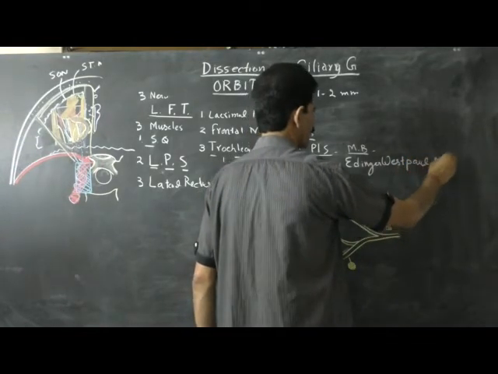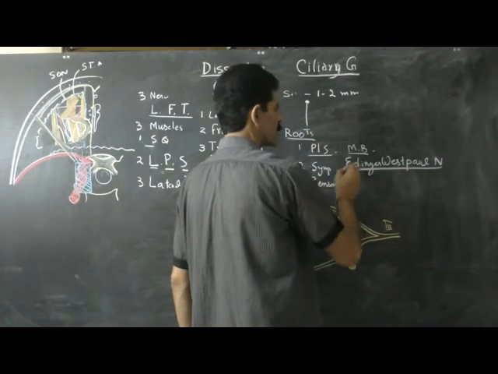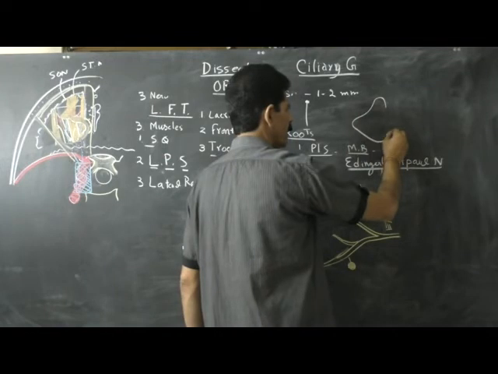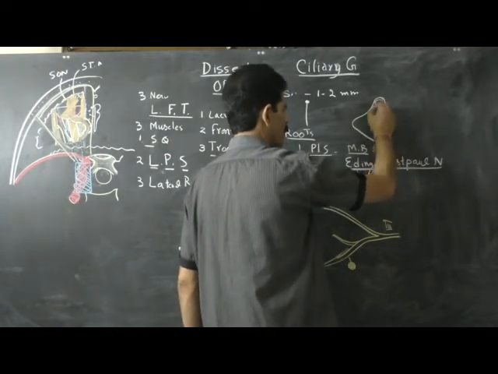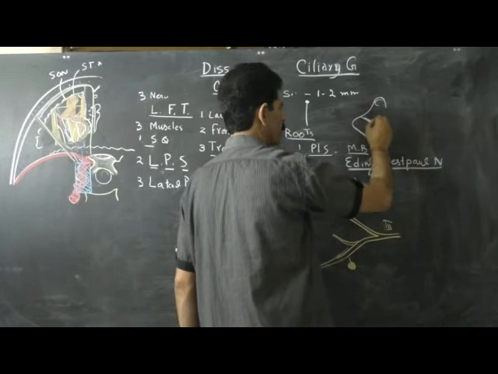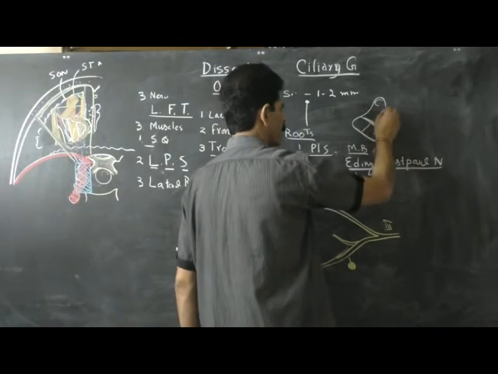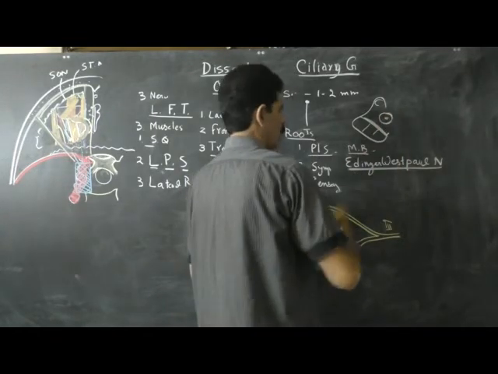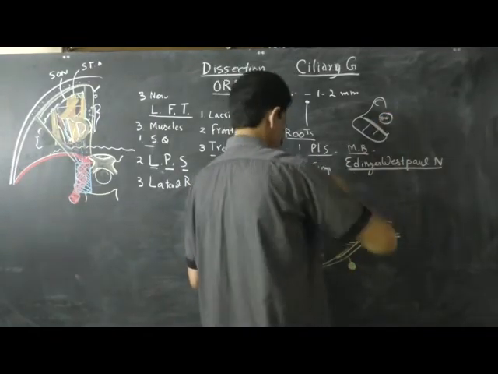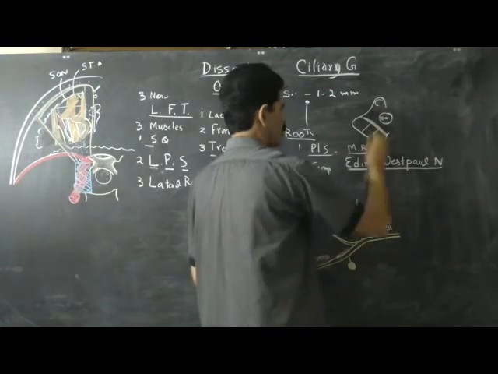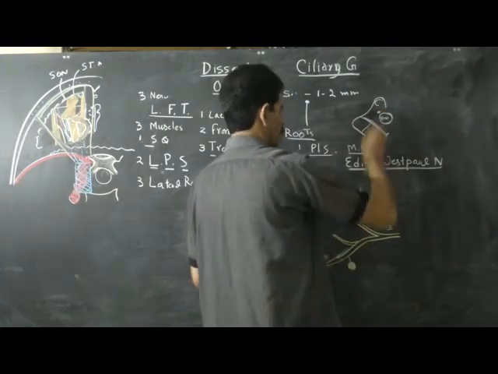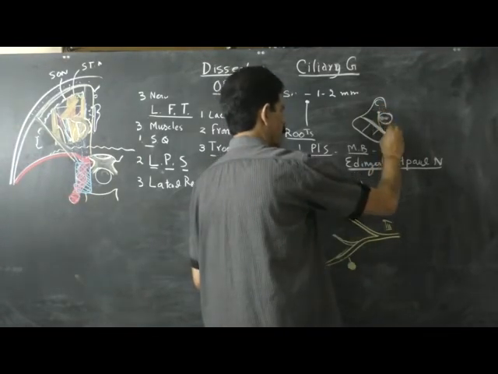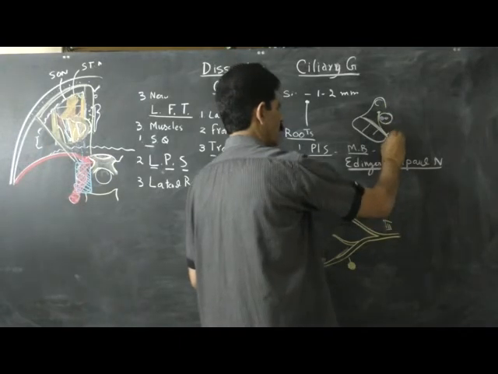The Edinger-Westphal nucleus is a parasympathetic nucleus, and it is situated at the level of the superior colliculus of the midbrain, very near to the oculomotor nerve. So this is the Edinger-Westphal nucleus, situated near the third nerve nucleus, from where the third nerve comes to reach the orbit to supply it.